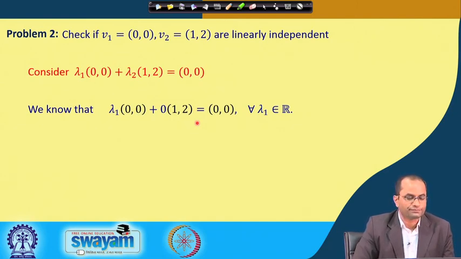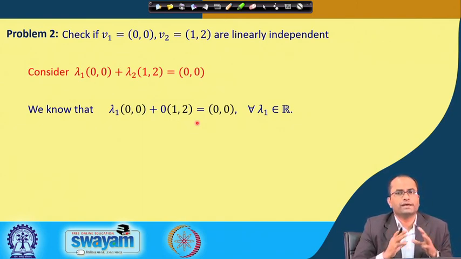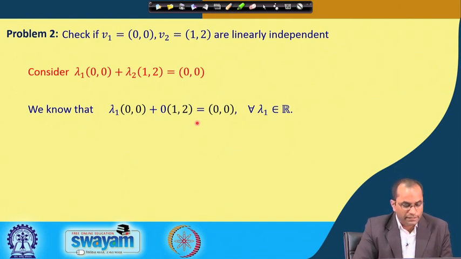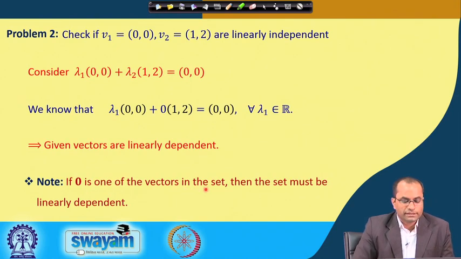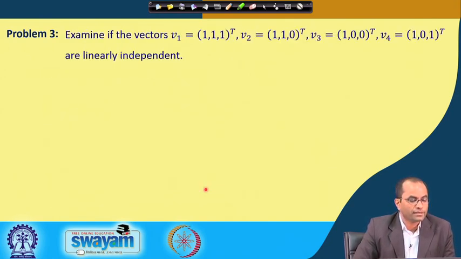So whenever we have a 0 vector included in the set of vectors, then these vectors are going to be linearly dependent. This 0 is one of the vectors in the set, and then the set must be linearly dependent.